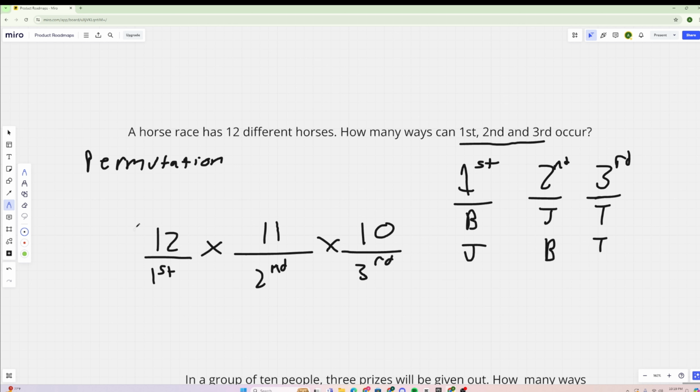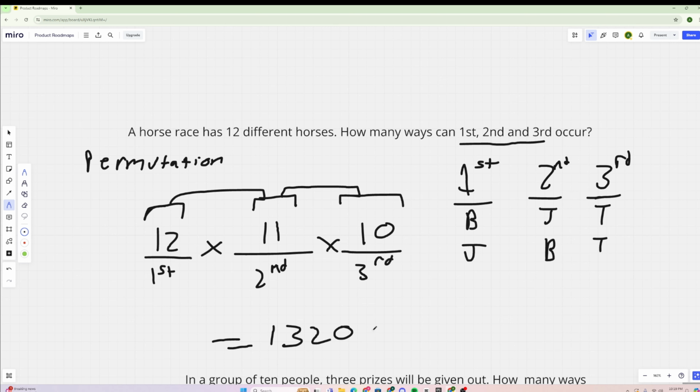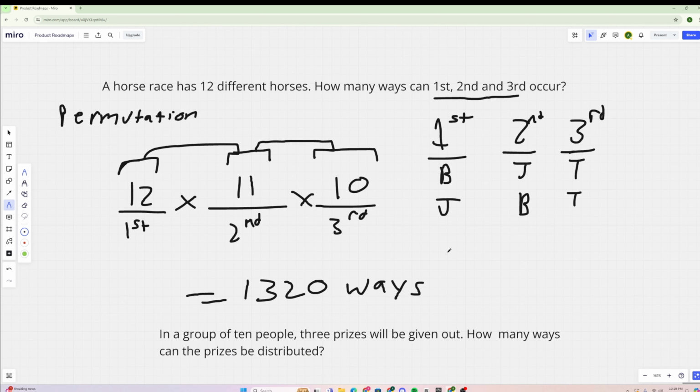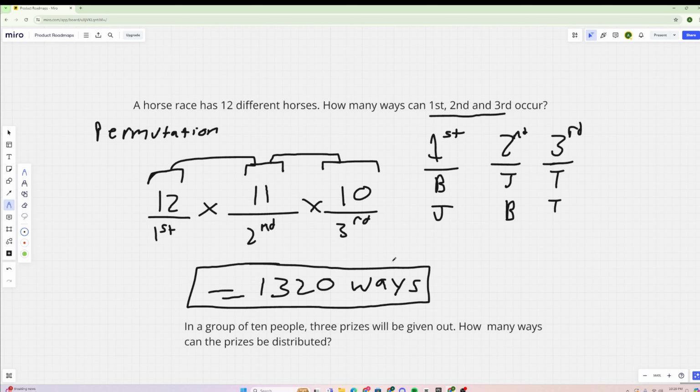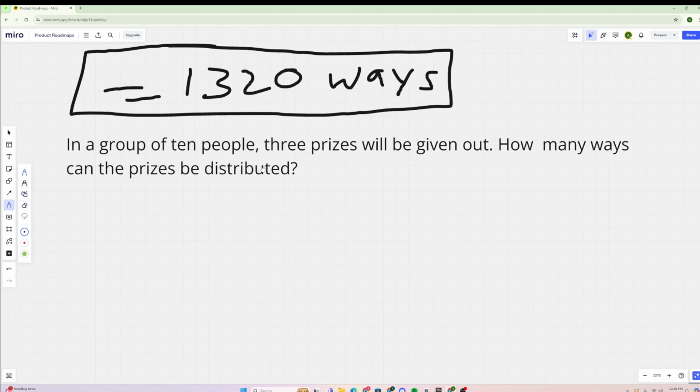So again, 12 can win first place, 11 can win second place, and 10 can win third place. You multiply them all out, and you should get 1,320. So there are 1,320 ways for first, second, and third to occur, and that is our answer.